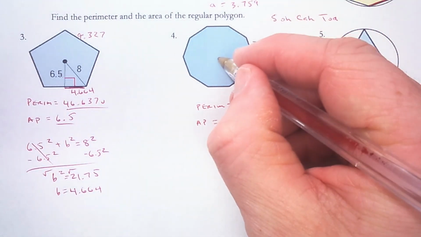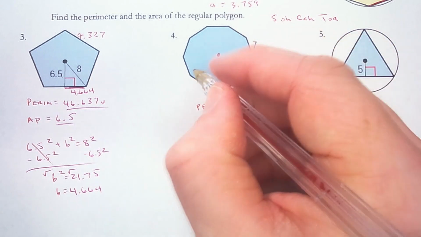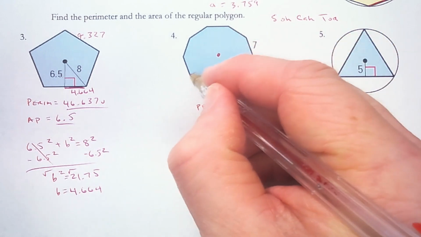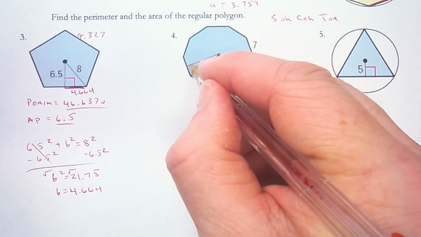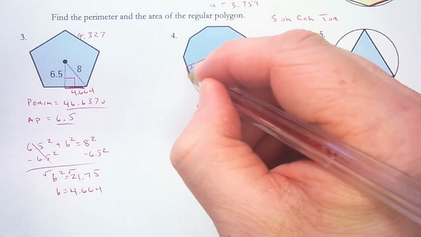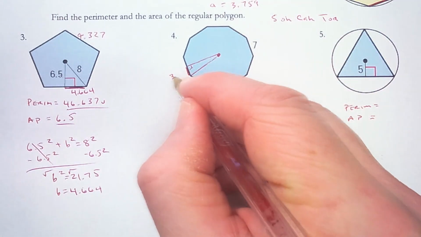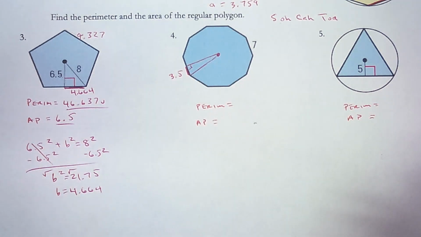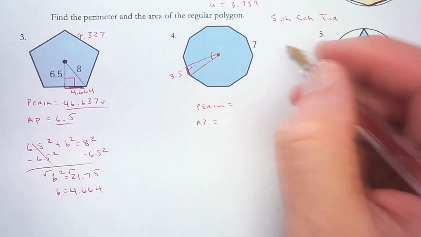Okay, now this next one, I'm going to put in a center, and I'll draw in a half of a central angle, using a radius and an apothem. Now this right here is half of a side length, so it's half of 7, so it's 3.5. I really could use this angle measure.